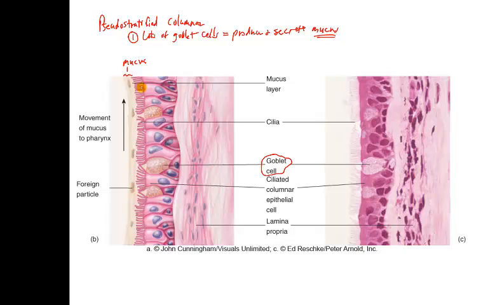And that mucus has basically the same kind of function that the mucus in the nose provides, and particularly here, really the main function is to trap inhaled particles. So things that make it past the nose, if they don't get trapped up there, hopefully get trapped in the tracheal mucus before they make it down to the lungs.